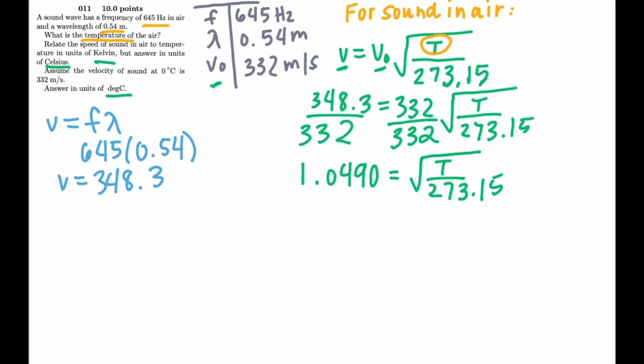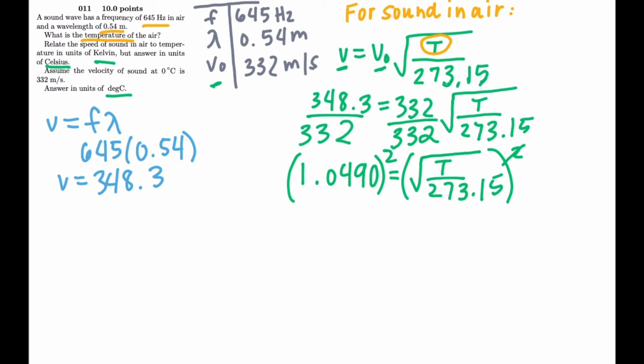Okay, so in order to get rid of the square root, we need to square it. It's the opposite operation. So just square that, and it gets rid of the square root. But you have to square this number right here, okay?